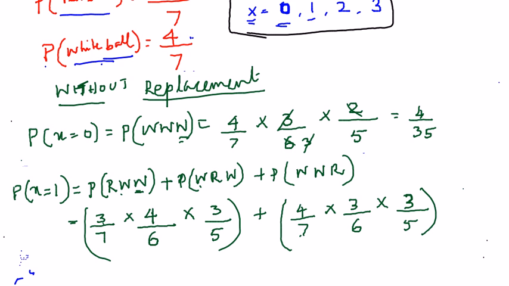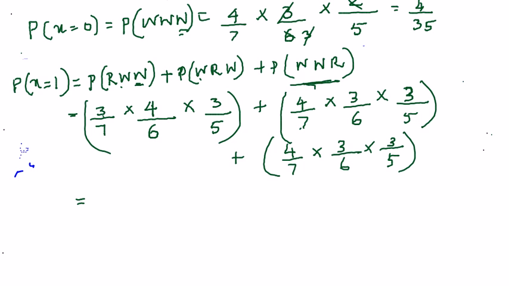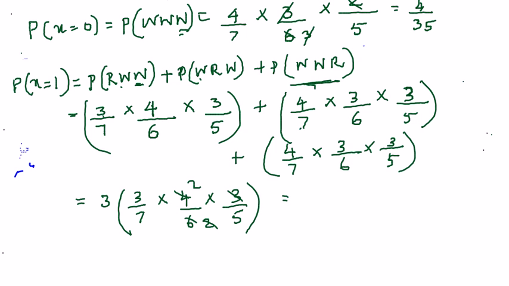Right? Likewise, try doing it for the third one. So this is nothing but 3 times 3 by 7 into 4 by 6 into 3 by 5, right? So eventually you get 3 3s are 9, 2 9s are 18 by 35.